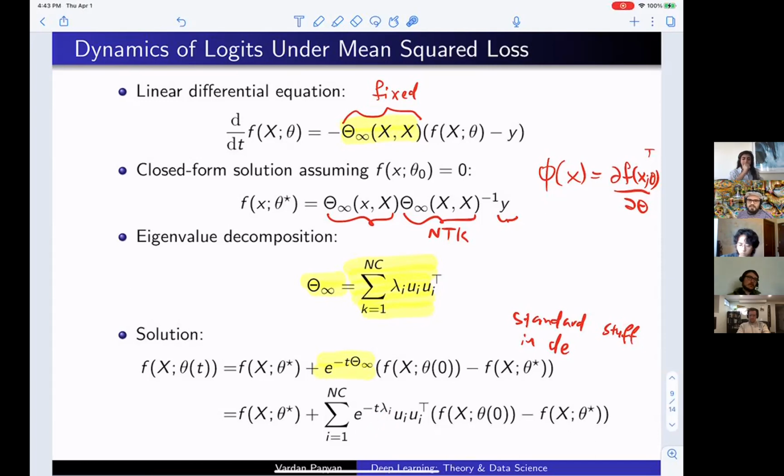So what does this mean in practice? It means that you would expect your SGD training to converge faster on the top eigenspace of the NTK. Okay, so these were the dynamics of the logits.